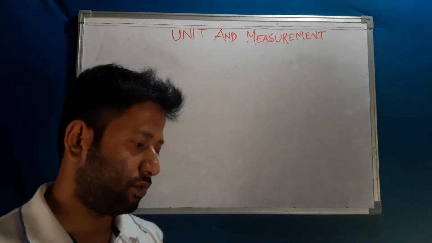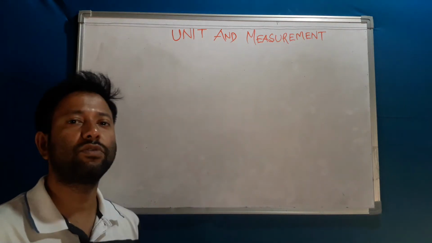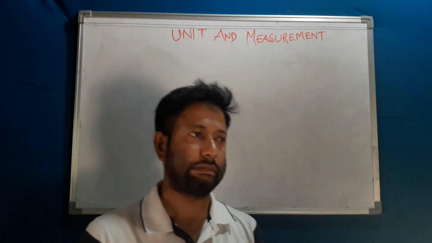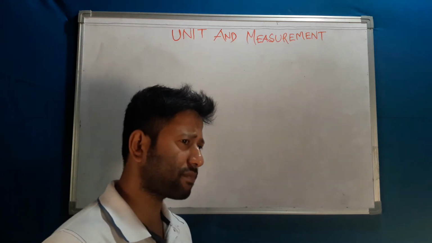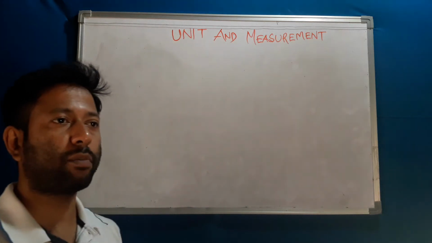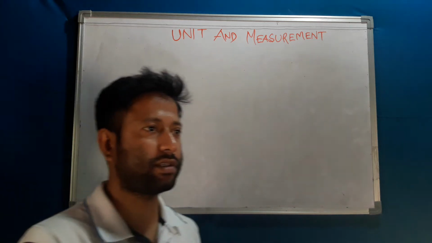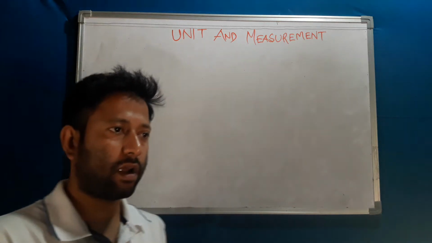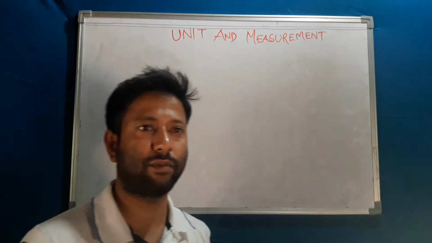Okay, so unit system, units and measurement. First, I'm starting with unit. What is a unit? Whenever I go to the market to buy anything, first of all, I see the shopkeeper initially decides one amount of whatever fruit or other things I want to buy.